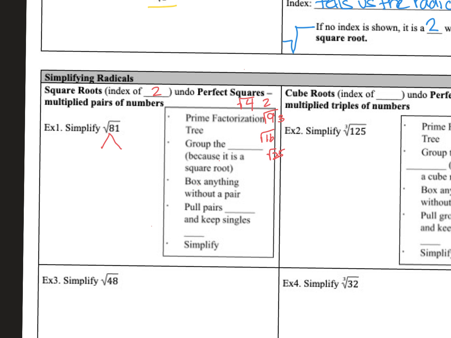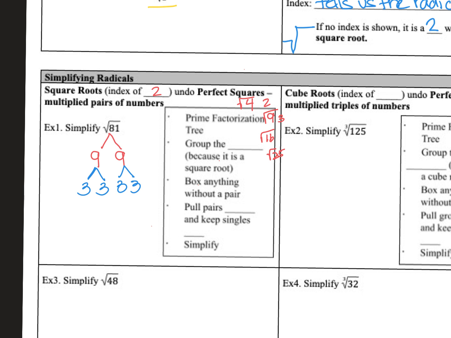For 81, I know that 9 times 9 is 81. But I can break down that 9 even further. So we also know that 9 can be broken down to 3 times 3. The goal here is to take what is currently under my radicand and break it down into prime numbers.